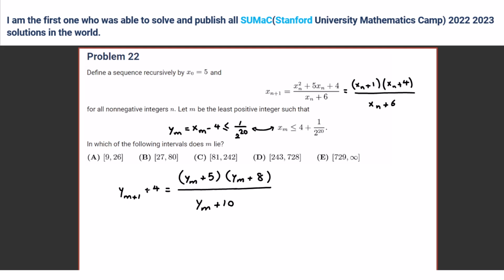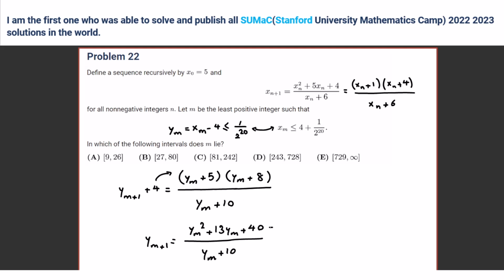For example, if we want to calculate, we can take this 4 to the right side, right? Yeah. And if you use a common denominator, then it is y_m squared plus 13y_m plus 40 minus 4y_m minus 40.